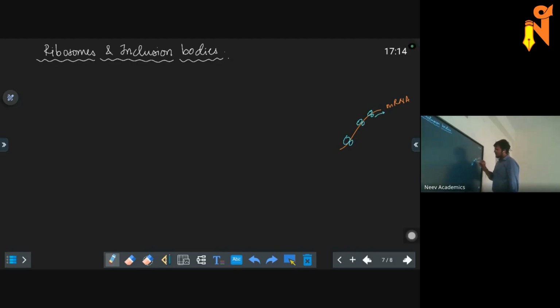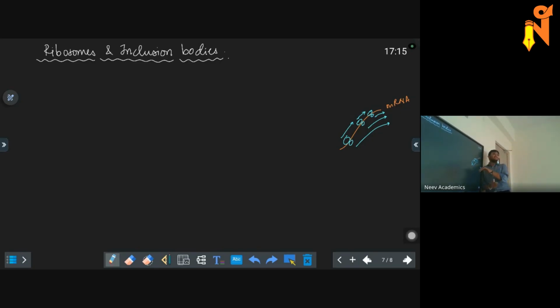This part will synthesize protein, this part will synthesize protein, this part will synthesize protein. So from the same mRNA strand, I can get more than one protein at the same time. Higher efficiency, but there is also a higher chance of error. This is a primitive character, but it helps in higher efficiency of translation in prokaryotes.